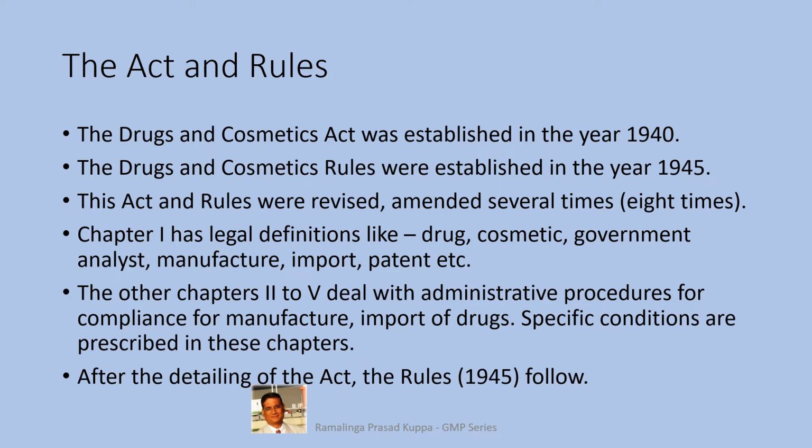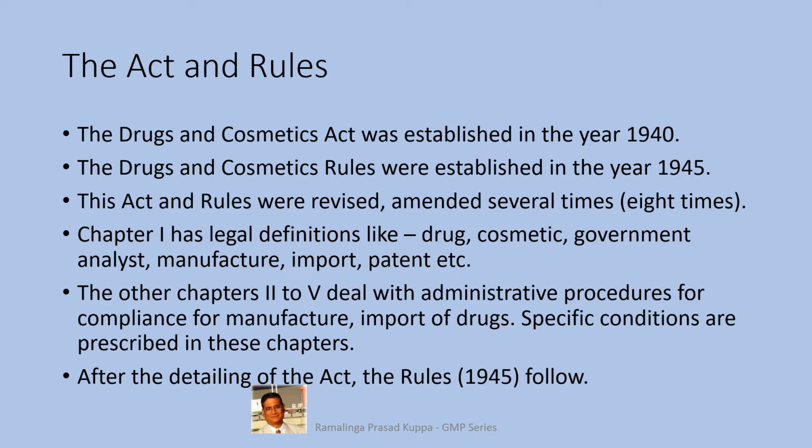Chapter 1 has legal definitions like what is a drug, a cosmetic, a government analyst, manufacture, import, patent, etc. The other chapters 2 to 5 deal with administrative procedures for compliance for manufacture, import of drugs. Specific conditions are prescribed in these chapters.